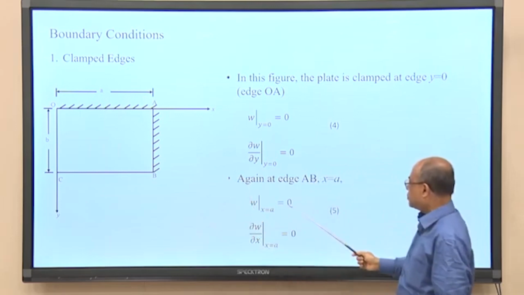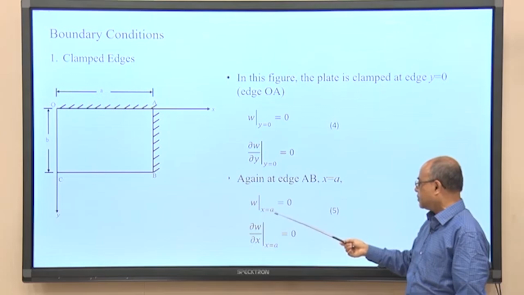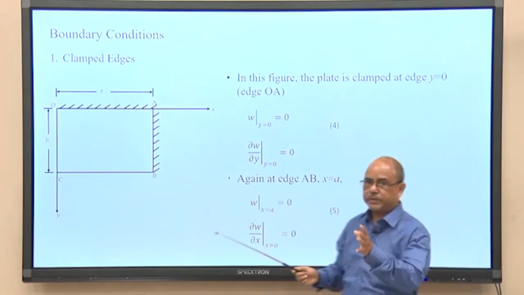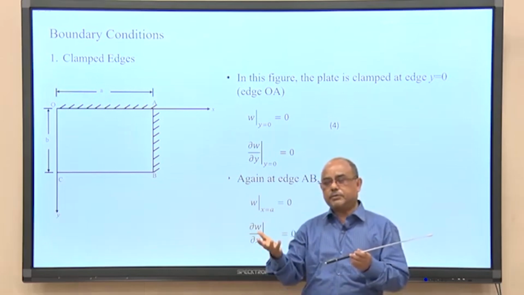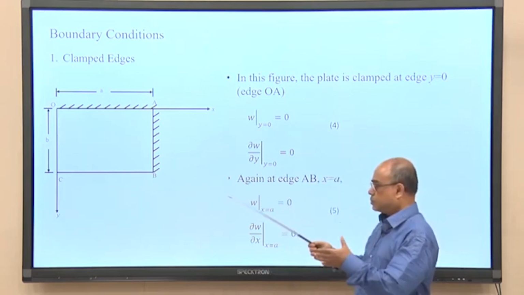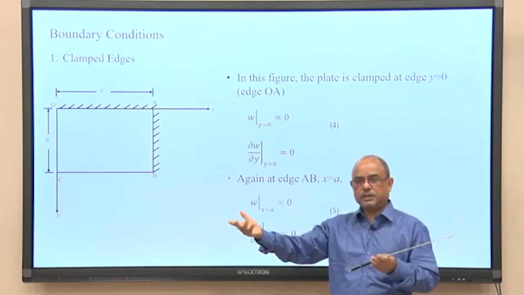So, at x equal to a, again the deflection is equal to 0. So, whatever deflection solution you obtain involving the 4 constants of integration, you can impose this condition at x equal to a to relate the constants with their 0 value.